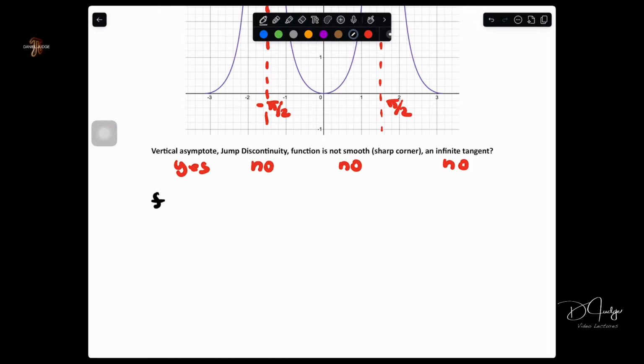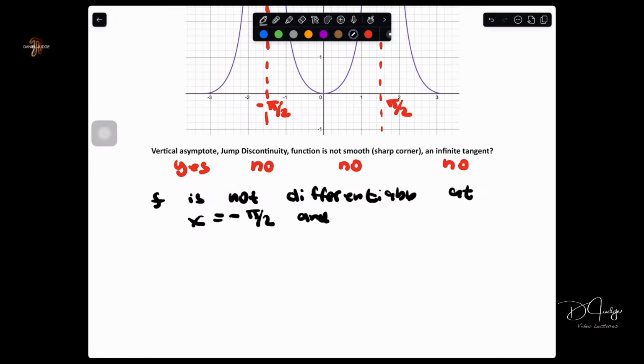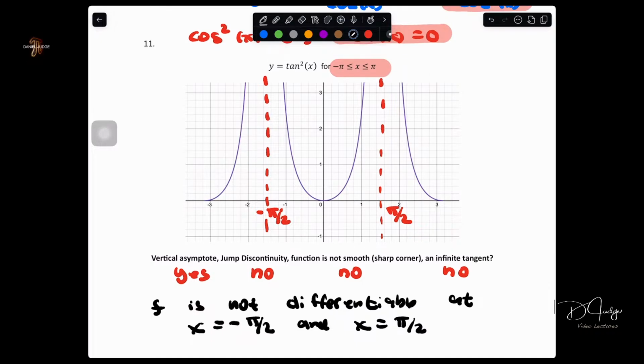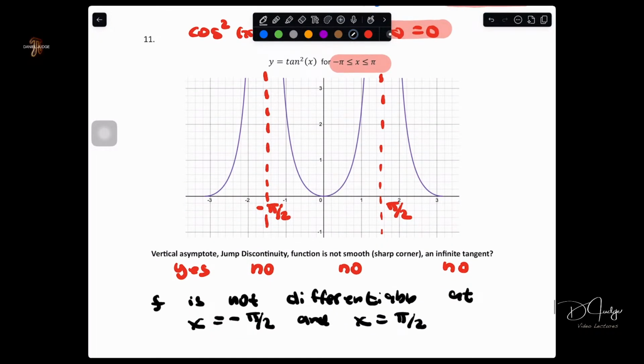Well, the function is not differentiable at x is negative pi over 2 and x is positive pi over 2. That's the location of your vertical asymptotes.